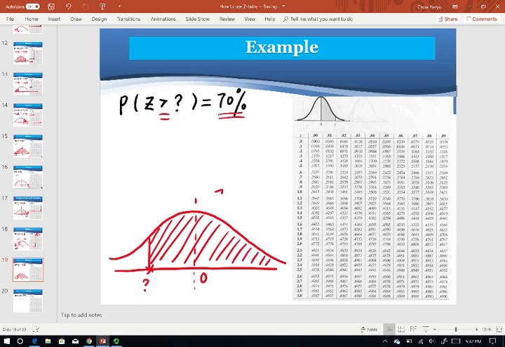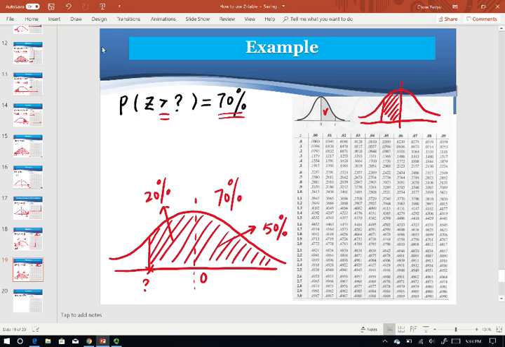So this area is 70%. And remember, you need to always find out this area or this area. So this is the table value. This area should be 20% because this area is 50%.